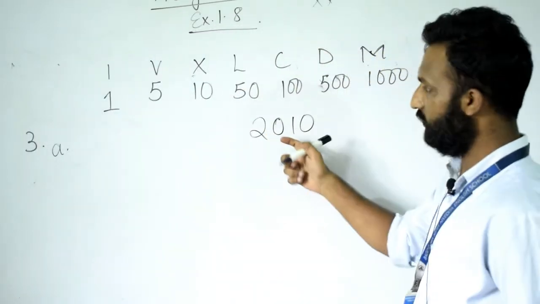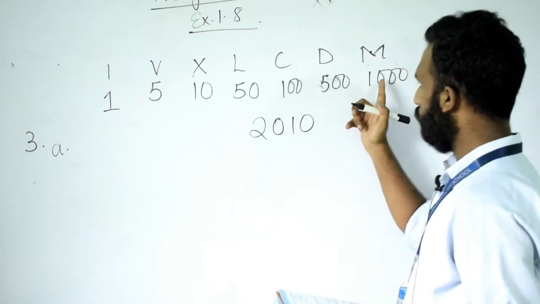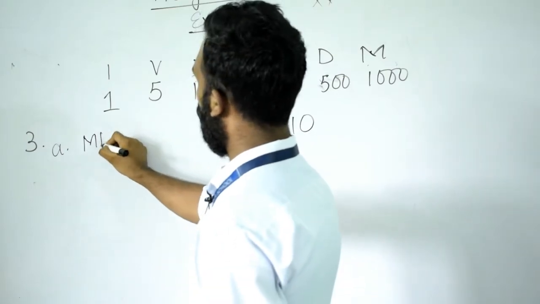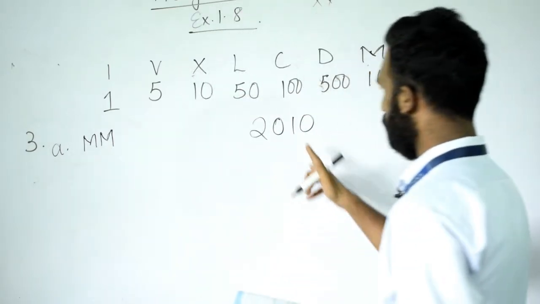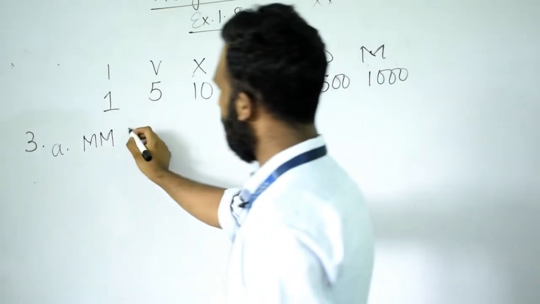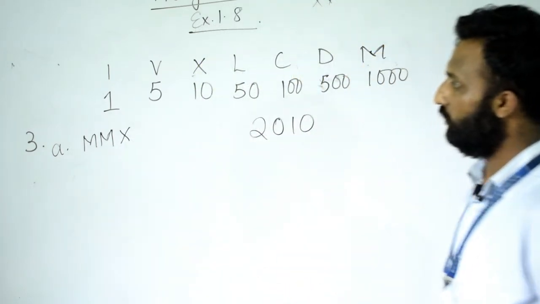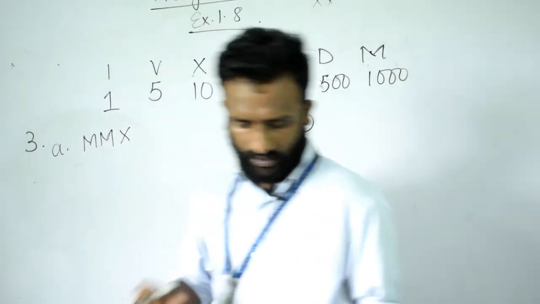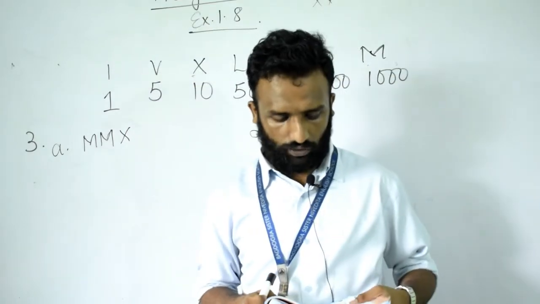So how to write 2010 in Roman numericals? For 1000, M, for one more 1000, M, so it has become 2000, and we need 10, so for 10 it is X. So this is how you will do question number 3. Read the other questions and you can do it, okay?